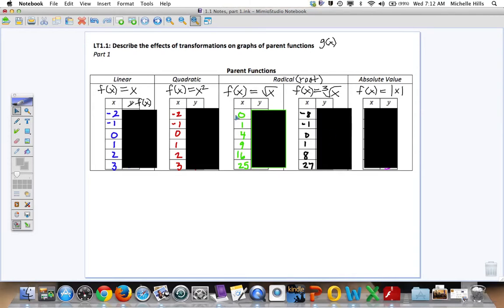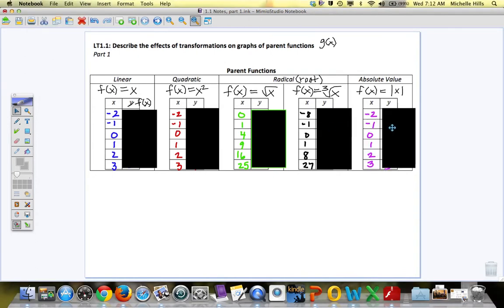And again, I only used 0 and positive numbers because in the real number system, you can't take the square root of a negative number. We'll look at other number systems this year where you can. But cube root, I can take the cube root of a negative number. And then absolute value, I went back to the 5 I had used previously. Please pause the video for a minute or two and calculate the y values, or the f of x values, and finish filling in these tables, and then come back.